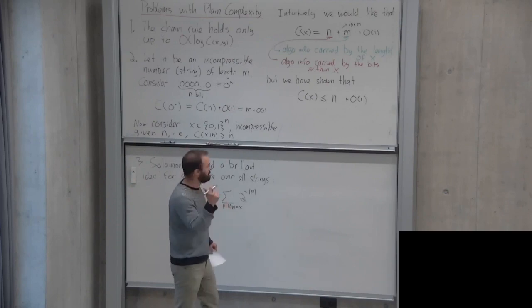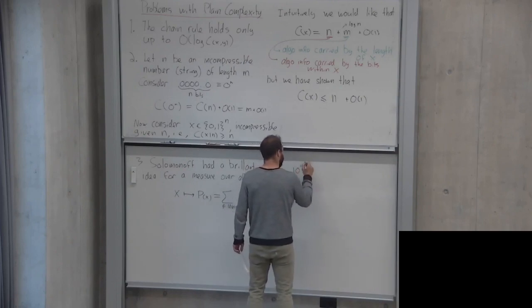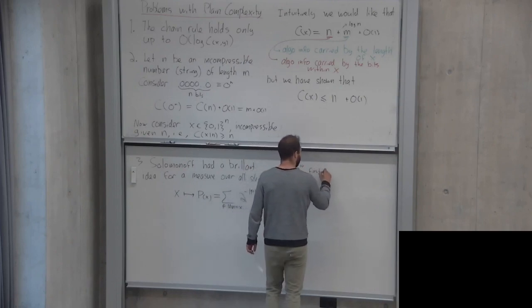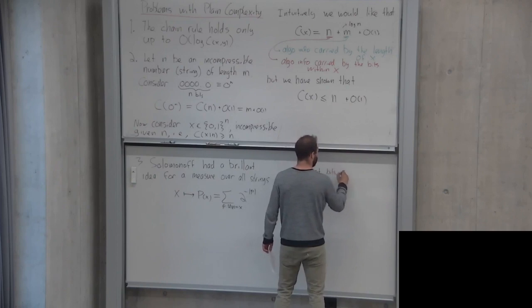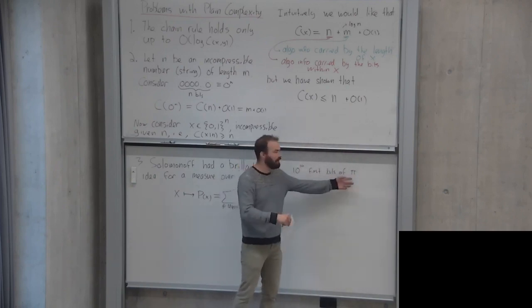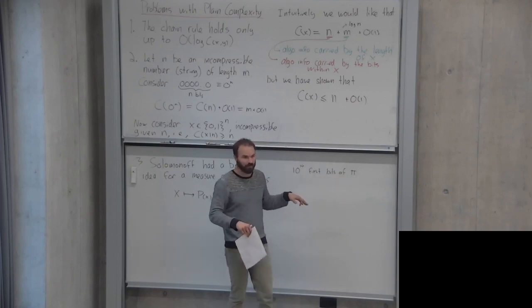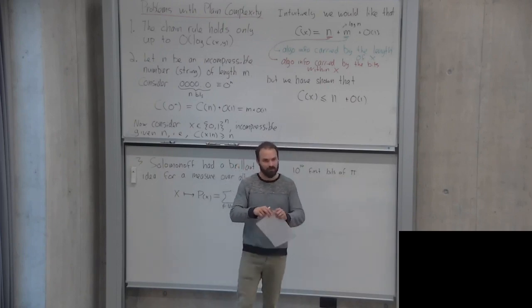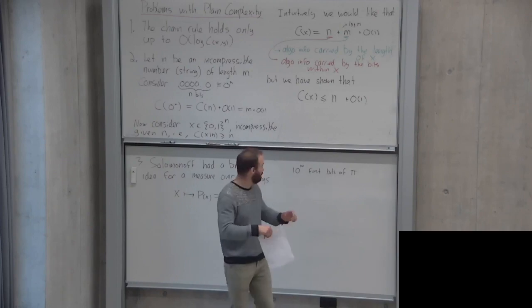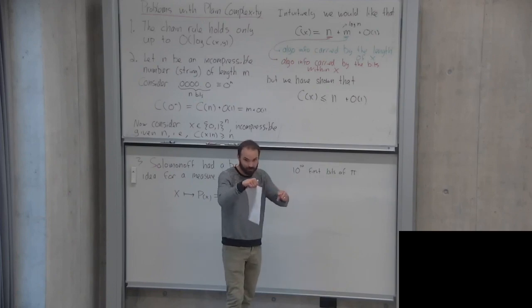Let me boil down to an example that we've met: the 10 to the 10 first bits of pi. I've mentioned many times that there's a relatively short program for this string. If I put the monkey in front of a typewriter, the chance that he types this string is very low. He's going to have to hit each single bit of pi.